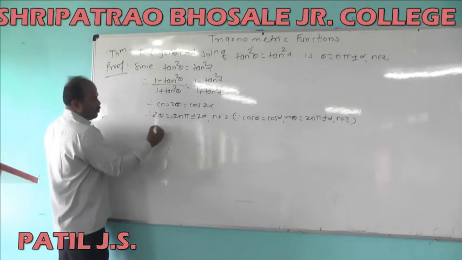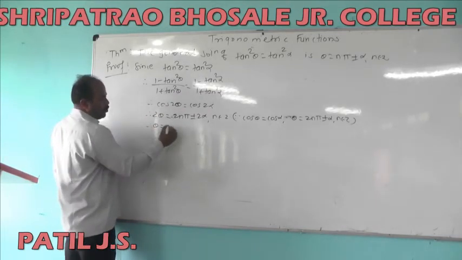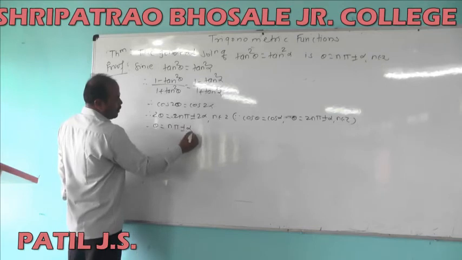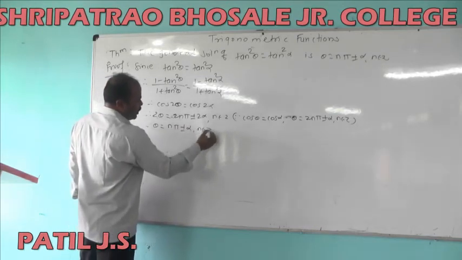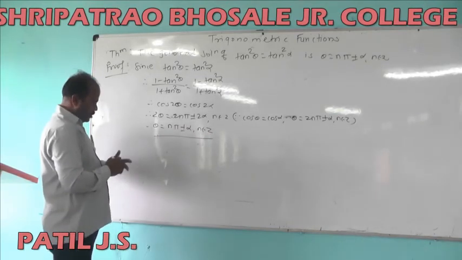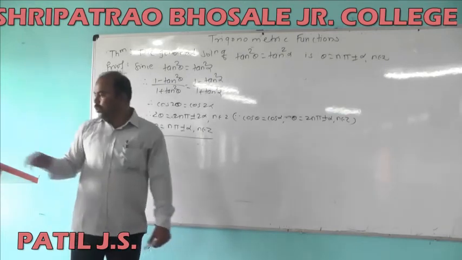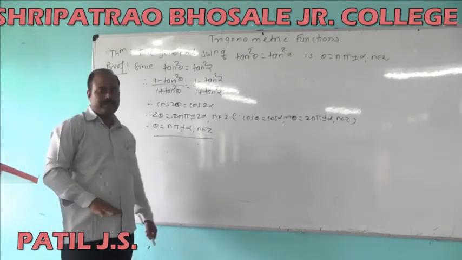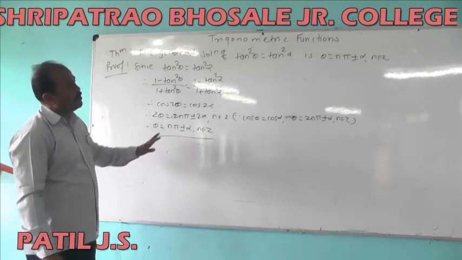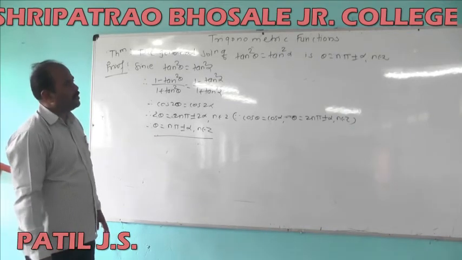Divide both sides by 2. Therefore theta is equal to n pi plus or minus alpha, n belongs to Z. Hence tan square theta is equal to tan square alpha implies theta is equal to n pi plus or minus alpha.